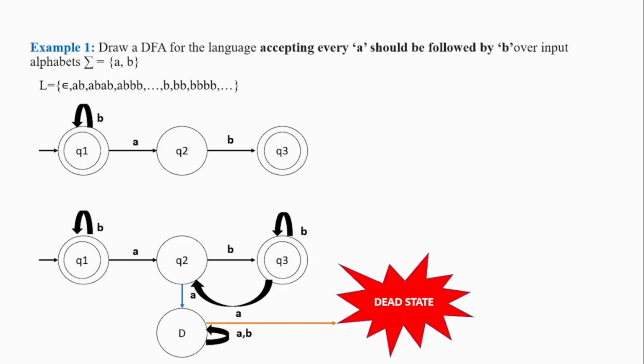I can either see A or B. If I see B, I will be in the final state, because that is the rule: every A should be followed by B. So A, then B, I will be in the final state. If I see A again, then I cannot enter into the final state, so I will end up in the dead state. Right? So this is the DFA for every string having A followed by B.